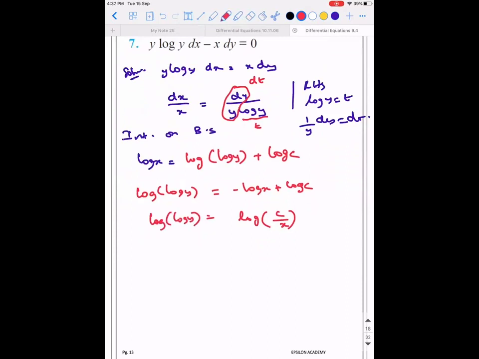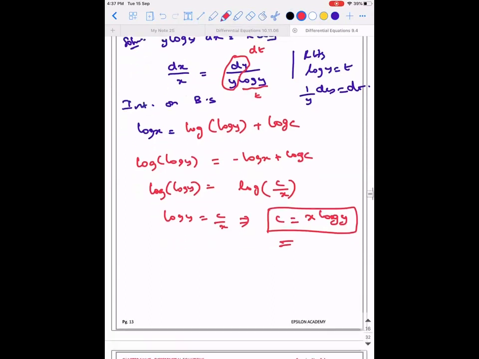Right. So log y will be equal to c by x, which implies c is equal to x log y.